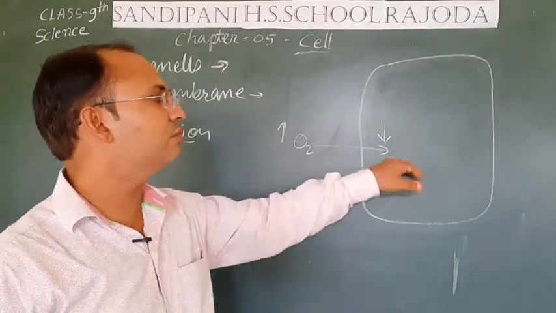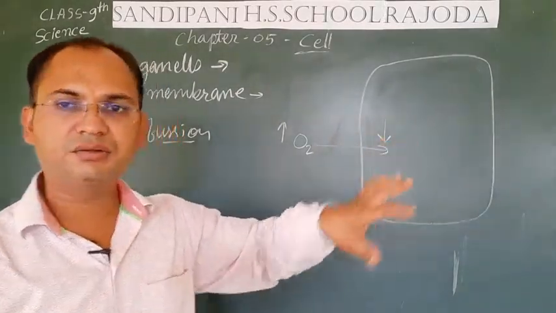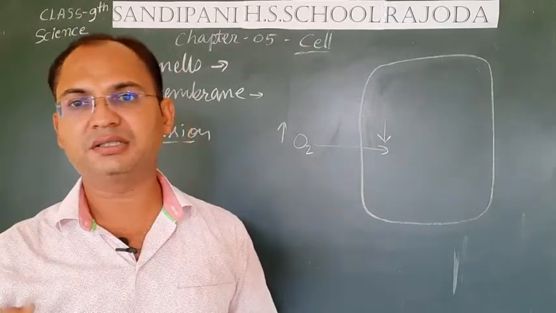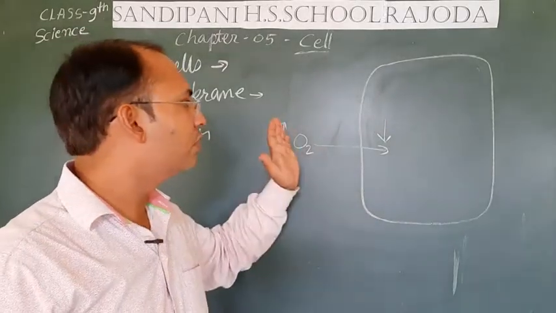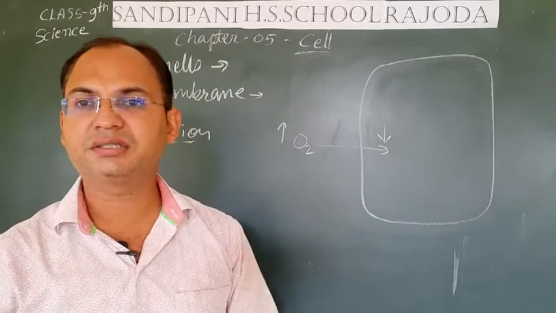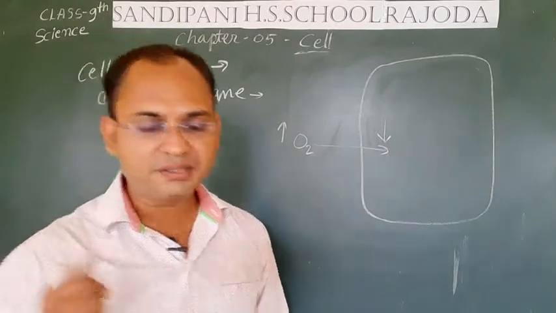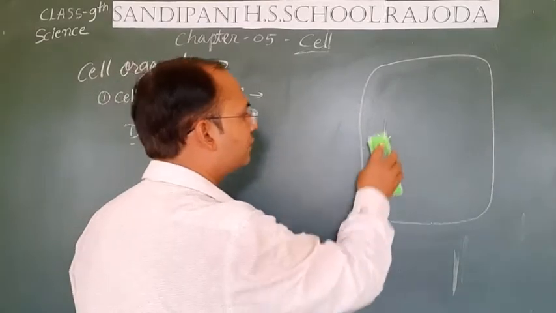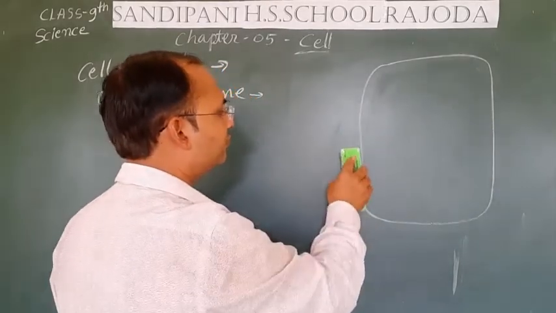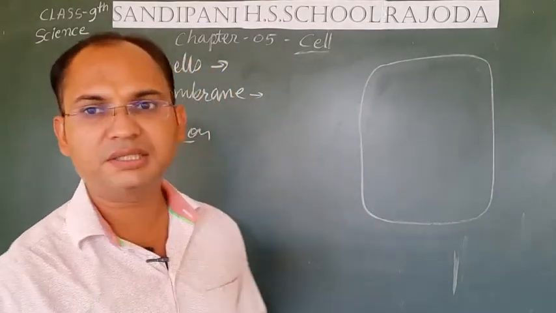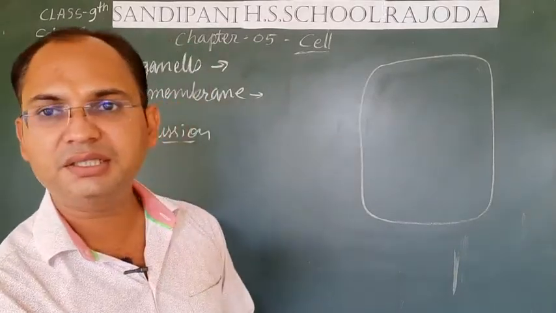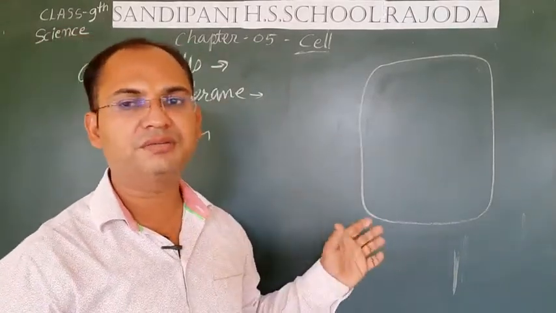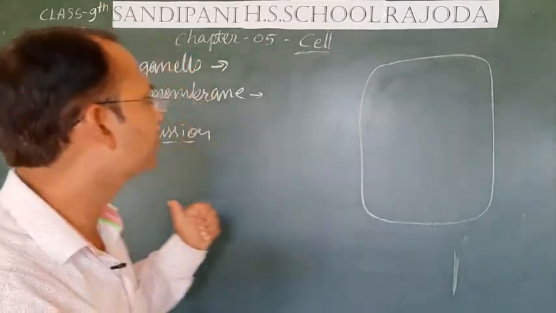Secondly, it also controls the entry and exit of food particles, and it also prevents the entry of some particles inside the cell. That is the reason why this membrane is also known as a selectively permeable membrane, because it only allows selected substances to go inside the cell and come outside from the cell.